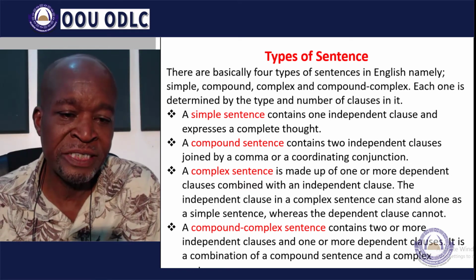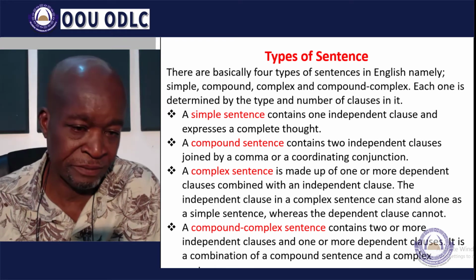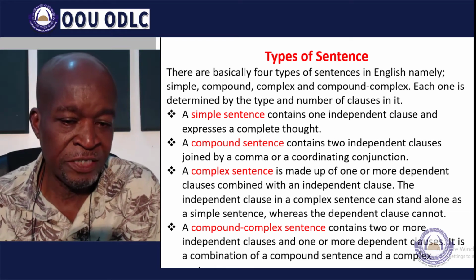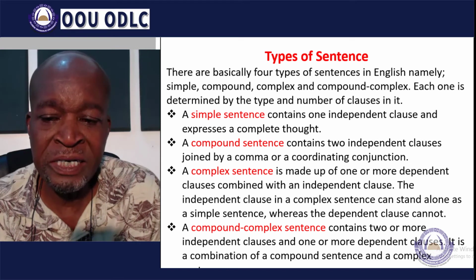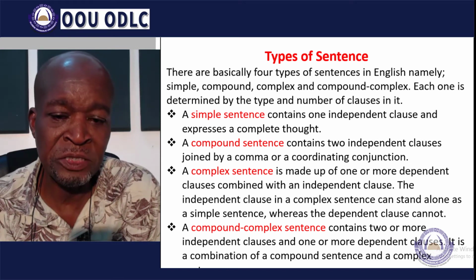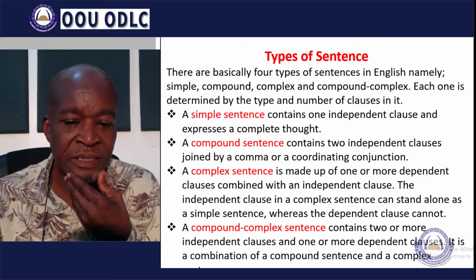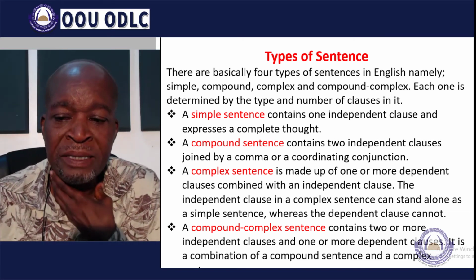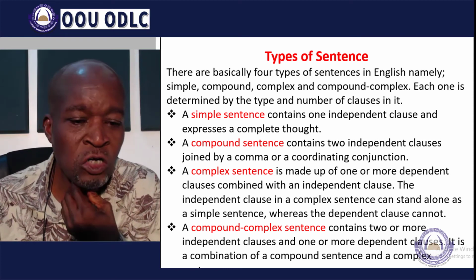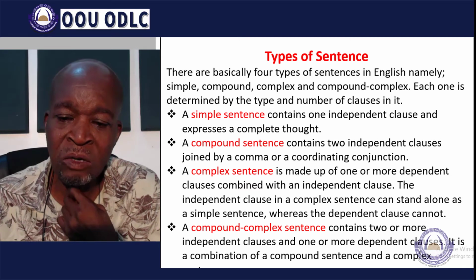Each one is determined by the type and number of clauses in it. A simple sentence contains one independent clause and expresses a complete thought. A compound sentence contains 2 independent clauses joined together by a comma or a coordinating conjunction.